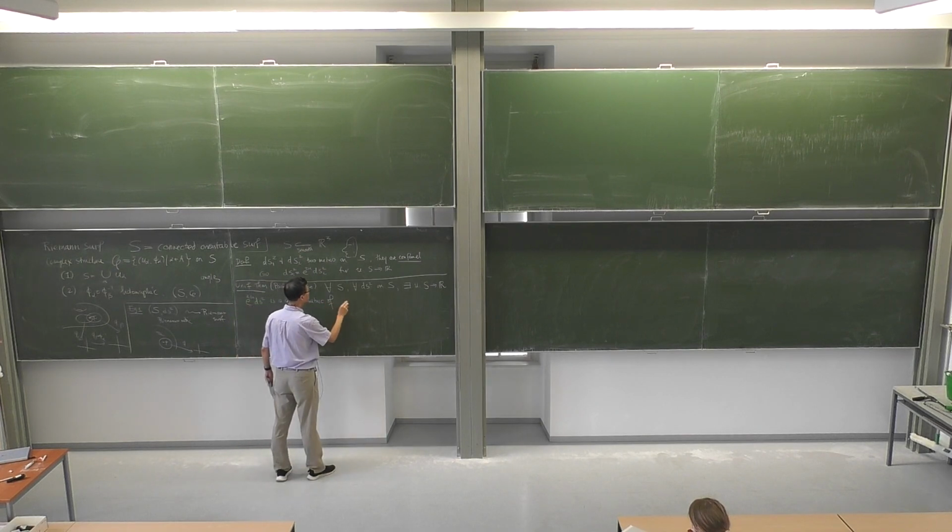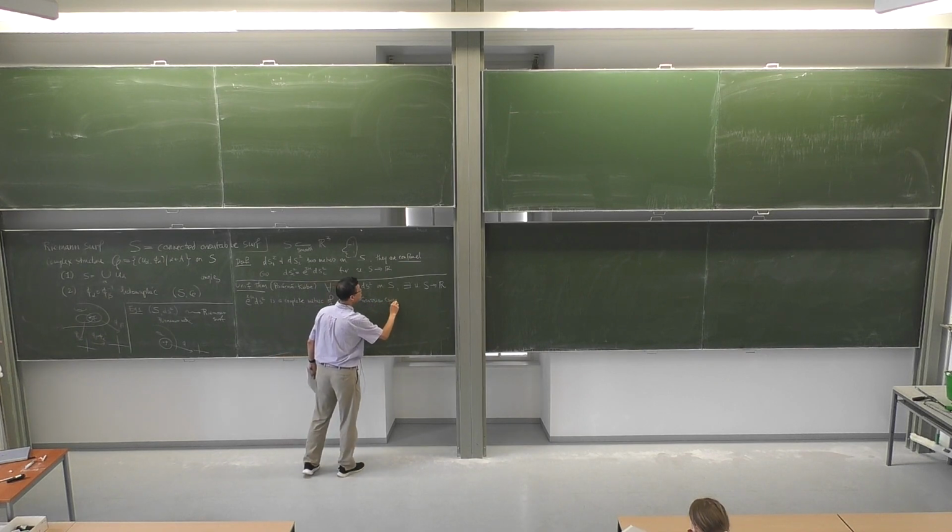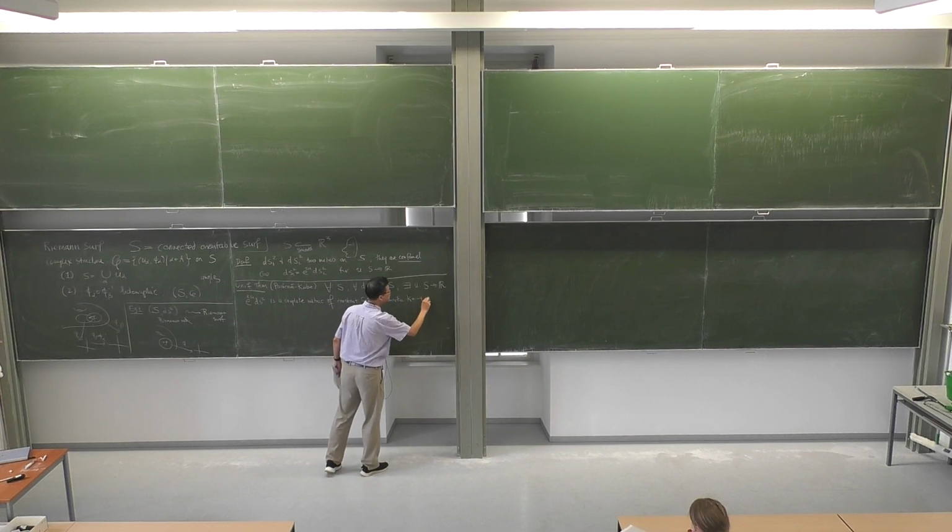Of constant Gaussian curvature K, where K is -1, 0, or 1.